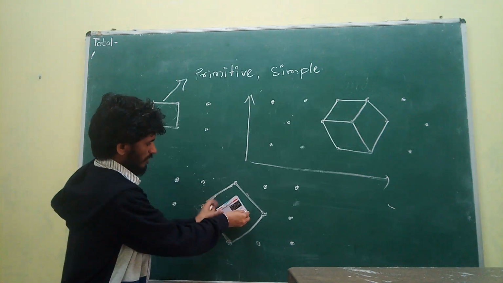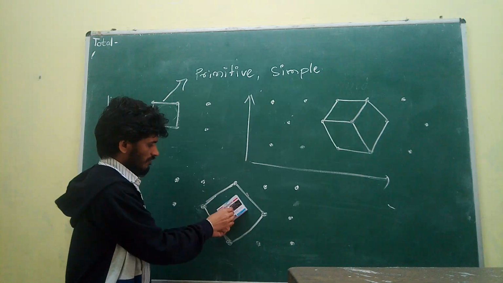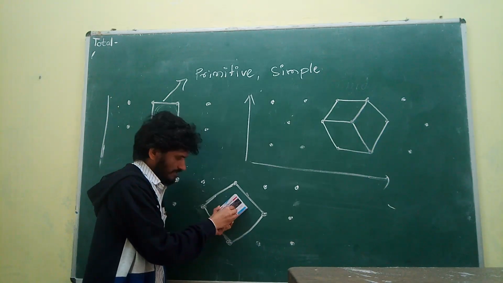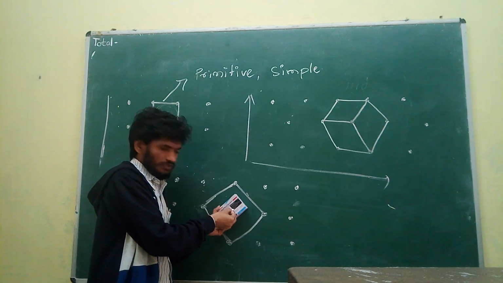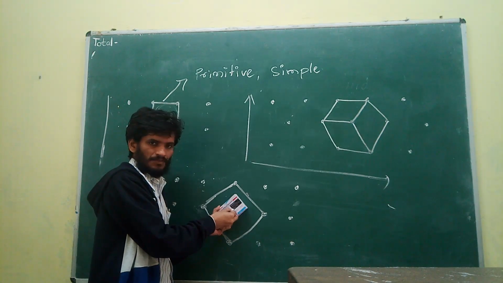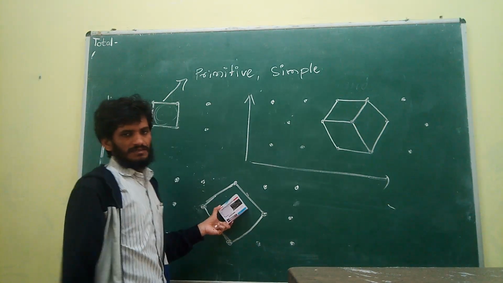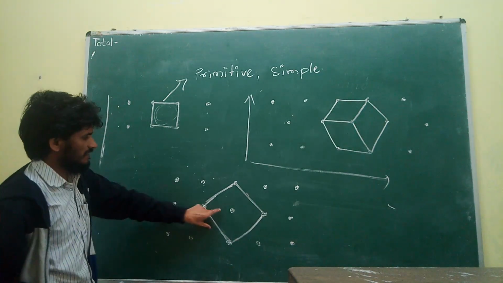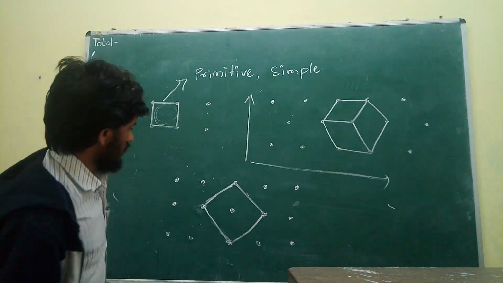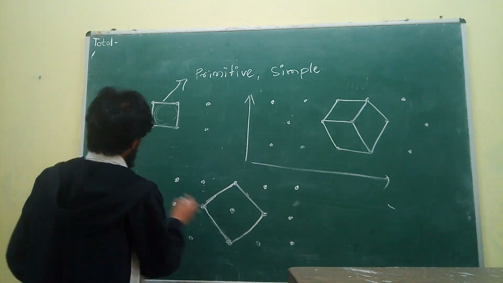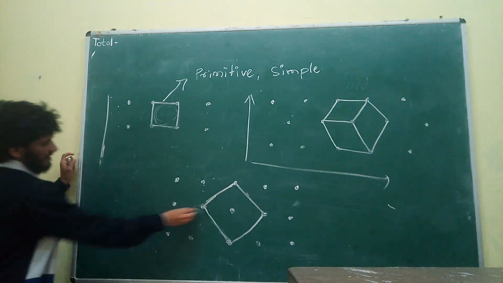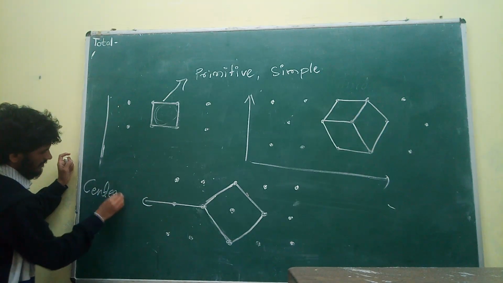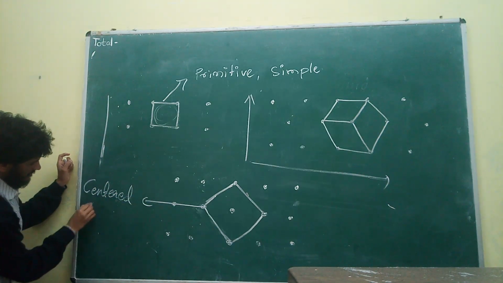Here one lattice point is located, here one, here one, as well as here also one point is located, where I have kept the chalk piece. At that point also one lattice point is present. Understand? So these types of unit cells are called centered unit cells.